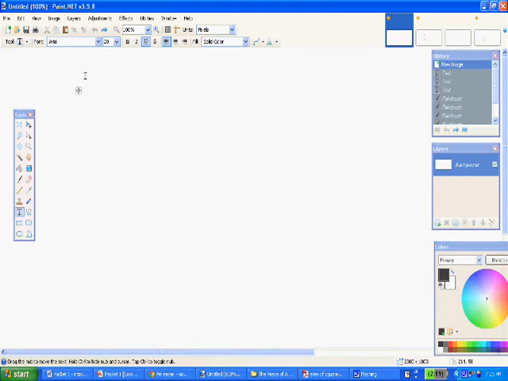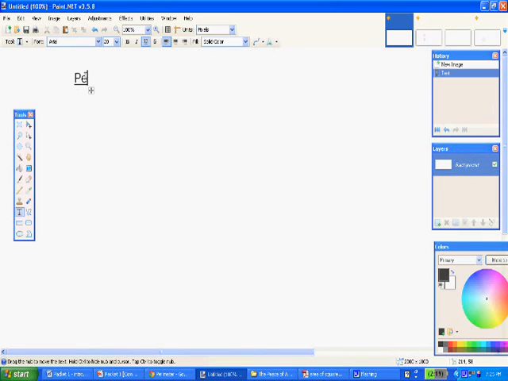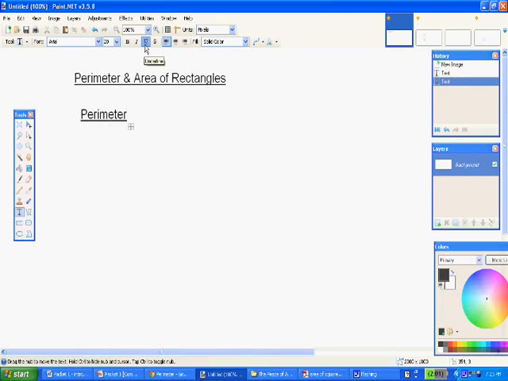Go ahead and title your notes perimeter and area of rectangles. I'm going to go ahead and talk about perimeter first. So, perimeter.